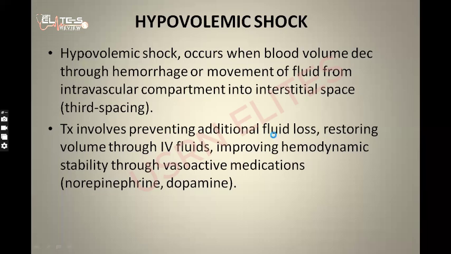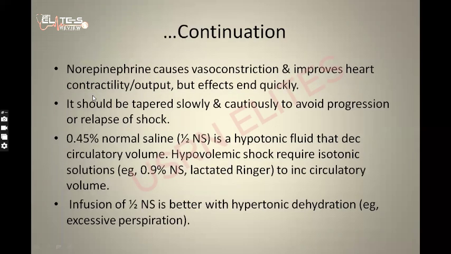Okay, norepinephrine causes vasoconstriction and improves heart contractility and output, but effects end quickly. So it should be tapered slowly and cautiously to avoid progression or relapse of shock. So when you have hypovolemic shock or hypovolemia, first thing to do is to give fluids.